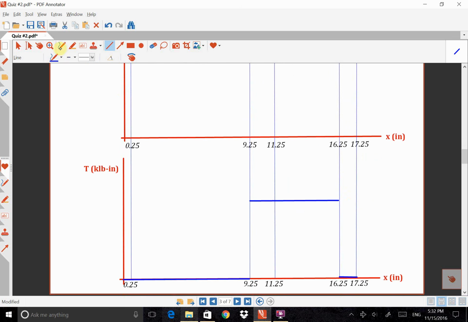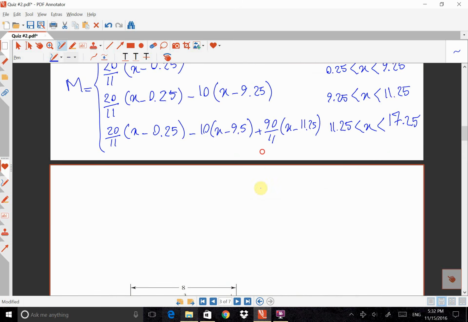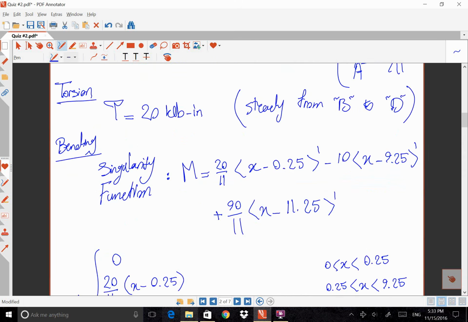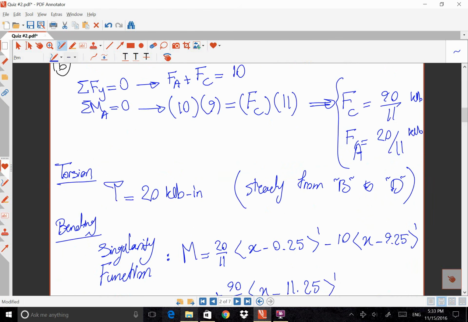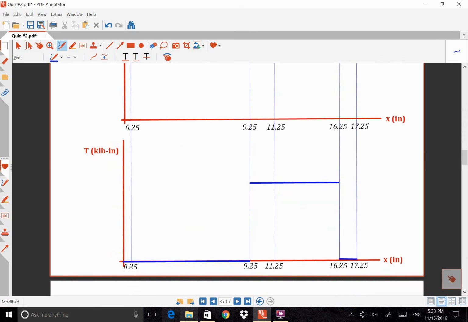If we want to know the amount, we can come back to part B here, where the torsion was just 20 kilopound times inch. So the unit is kilopound times inch, and this number here is 20.